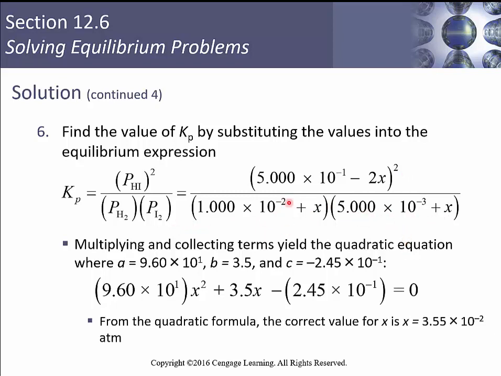We're going to multiply and collect the terms to yield a quadratic equation, where a is 9.6 times 10 to the 1, b is 3.5, and c is minus 2.45 times 10 to the minus 1. We're going to set that all equal to 0, plug it into the quadratic formula, and the correct value for x comes out as 3.55 times 10 to the minus 2 atmospheres.